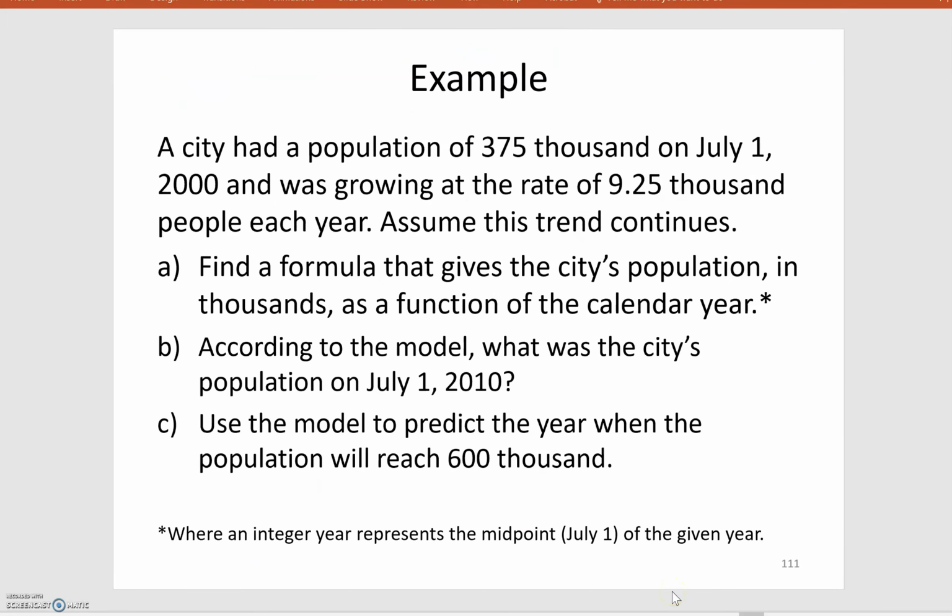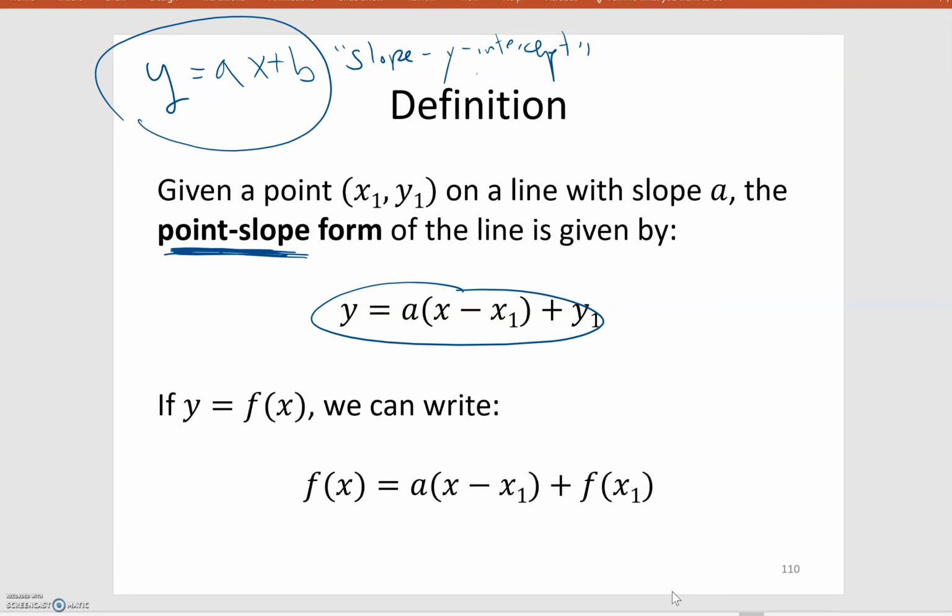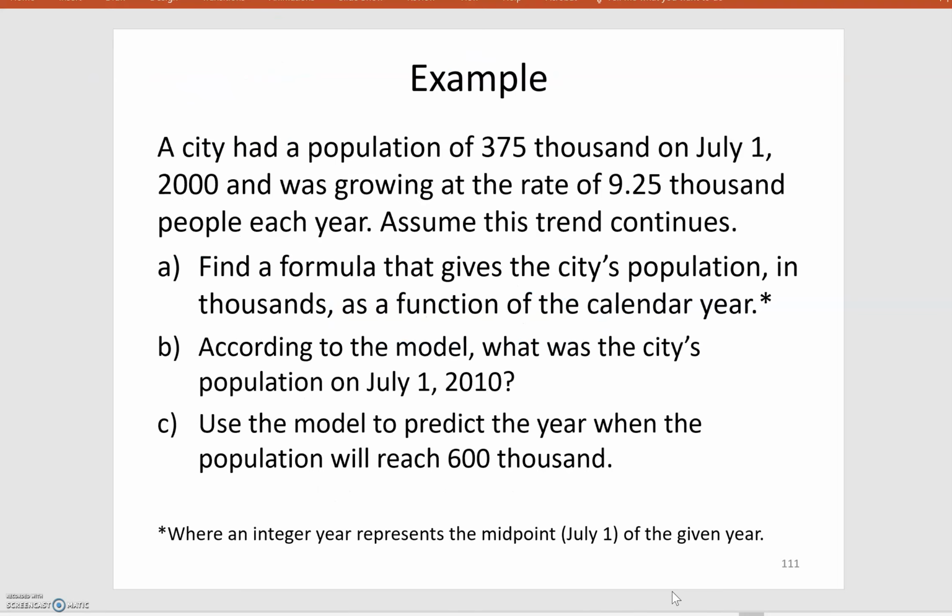And let's look at an example where we'll actually use this, because we need to understand in what scenarios we would want to use point slope versus scenarios where we would use ax plus b. Okay, so here's an example. A city had a population of 375,000 on July 1st, 2000, and was growing at the rate of 9.25 thousand people each year.